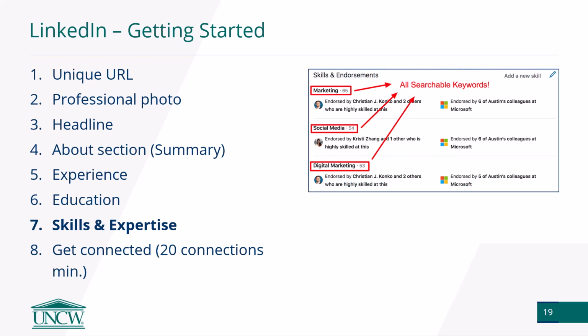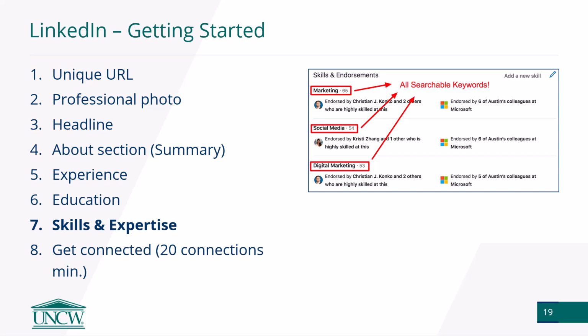So I mentioned the endorsements. If you get endorsements from your network, this will show what you've learned and add credibility to your profile and these skills. So in this case, you can see that this person has 3 different skills shown on their profile, and that they've been endorsed by 65, 54, and 53 people respectively. So this is one of the reasons why we do this. If you show the skills but you have no endorsement, we really don't have any reason to believe you, to be honest.